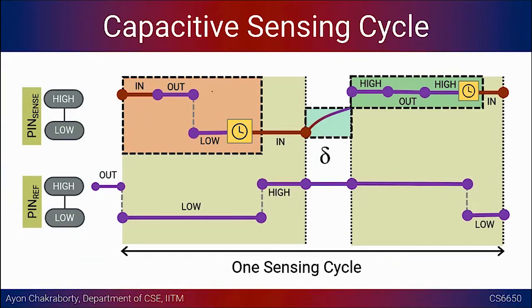So this is one sensing cycle for capacitive touch that consisted of two distinct parts. One was how we were discharging the sensing pin, and after that we make the reference pin high and wait for the amount of time till the sensing pin reaches a certain threshold voltage, so that it becomes digital 1, right?